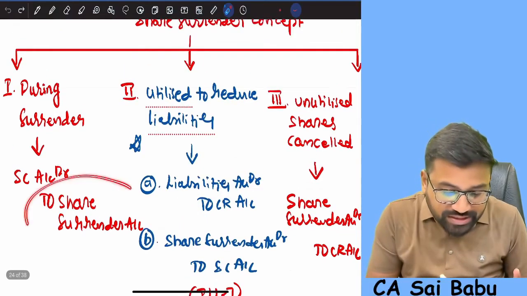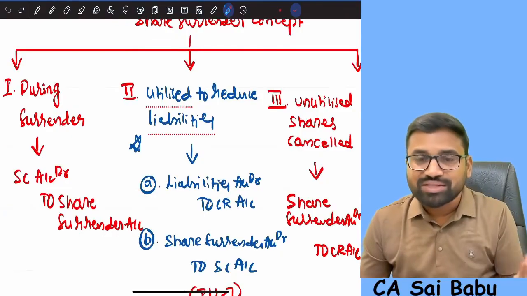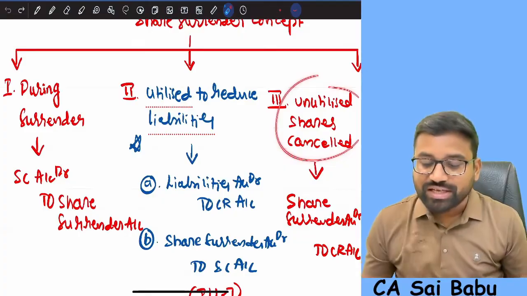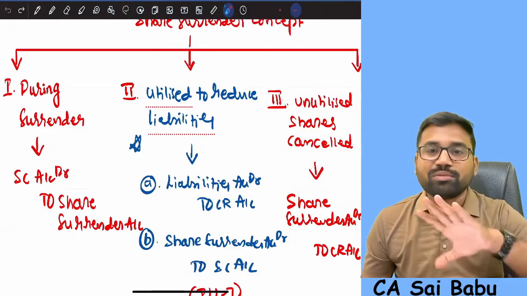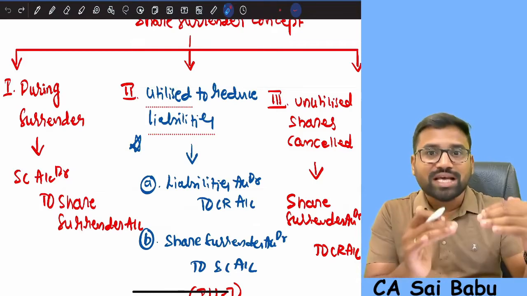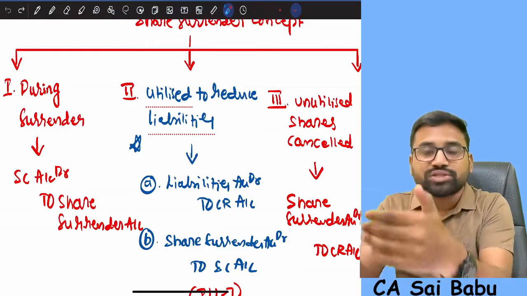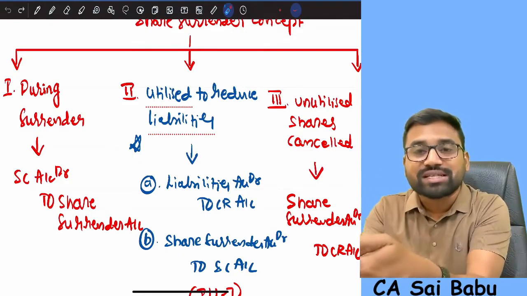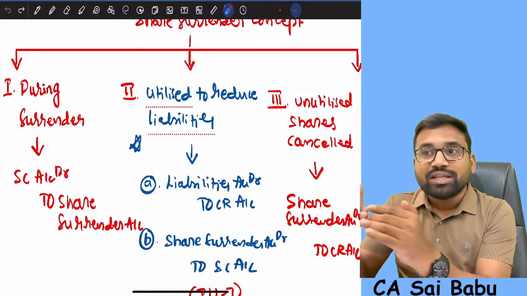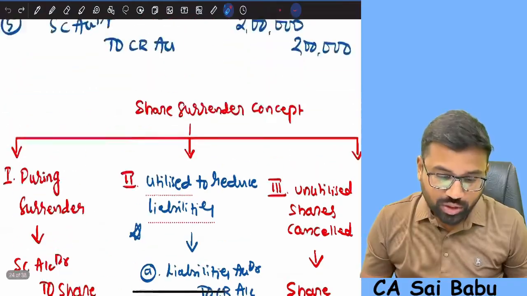Out of the share surrender account, whatever balance we are not utilizing to settle the liabilities, cancel it by transferring to capital reduction account. So when shares are surrendered, share capital to share surrender account. When surrendered shares are utilized to settle the liabilities, first convert the share surrender into share capital and then liabilities to capital reduction account. Then whatever the unutilized balance in the share surrender account, transfer to capital reduction account.